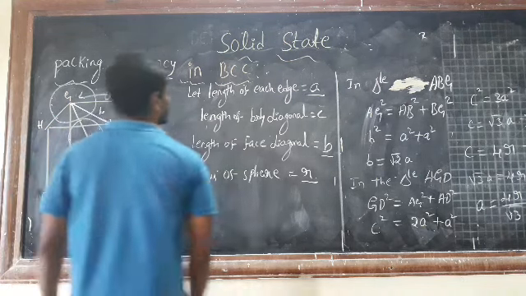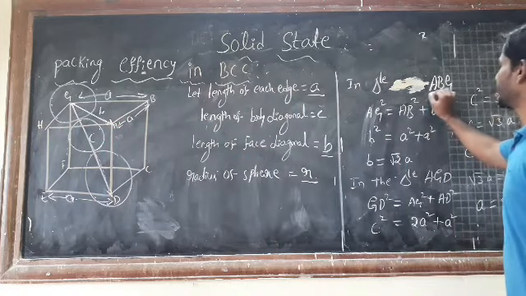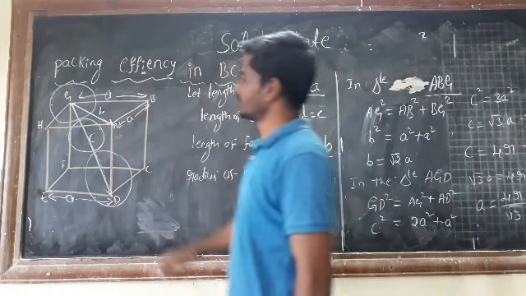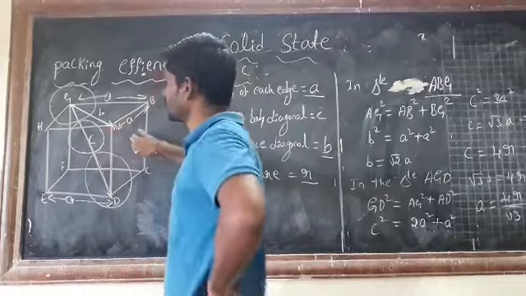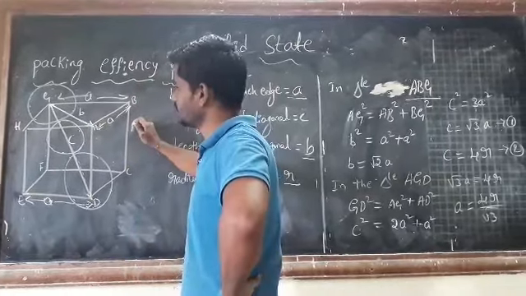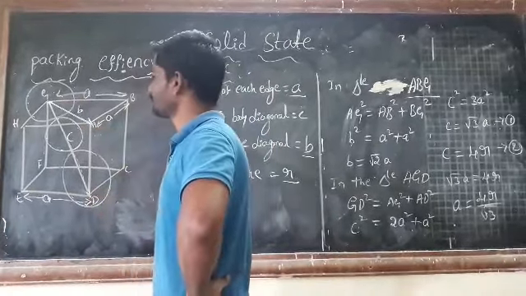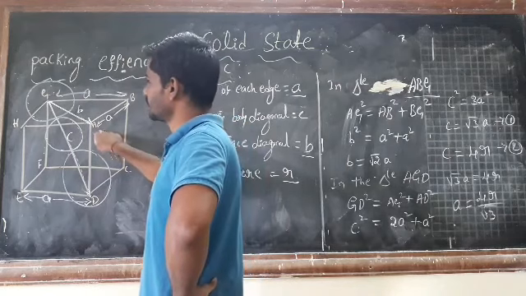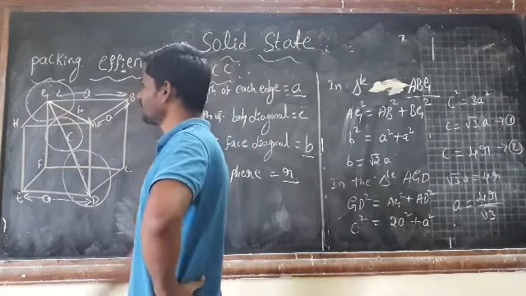Okay, let's take the triangle ABG. Directly we are not calculating the value of the unit cell by considering AGD. So first we have to calculate the face diagonal.